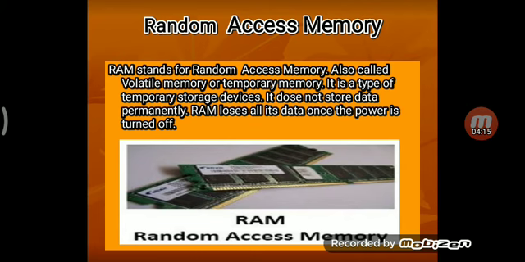Students, RAM is a temporary memory because data stored on RAM gets erased when the power to the computer is switched off. If you shut down the computer or switch off the power, then your data will be erased and the RAM is cleared.